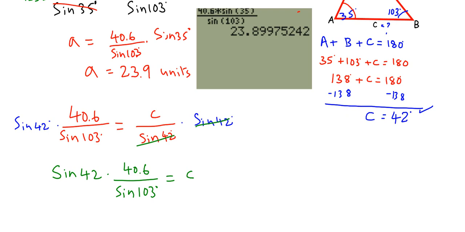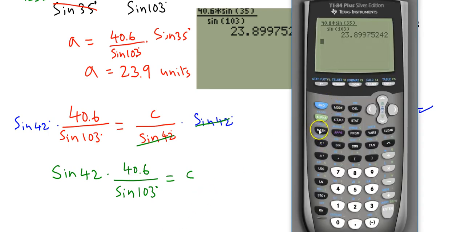Okay, let us use calculator again. I'll go to fraction, sine 42, close the parenthesis, times 40.6 divide sine 103 degrees, close, hit enter.